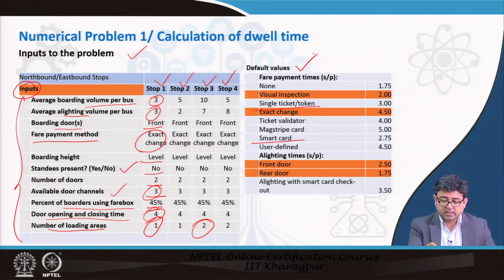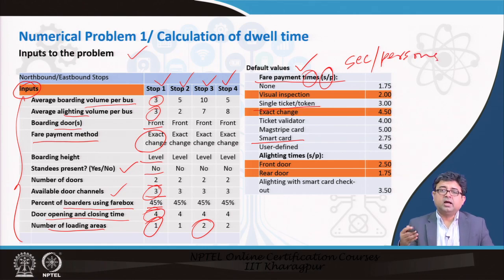So, there are some of these fare payment times, right. So, these are number of seconds per person, right: how much time is needed to process the payment of one person or one passenger who is boarding the bus.